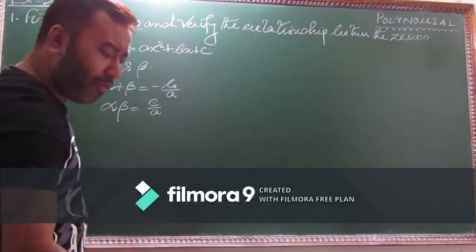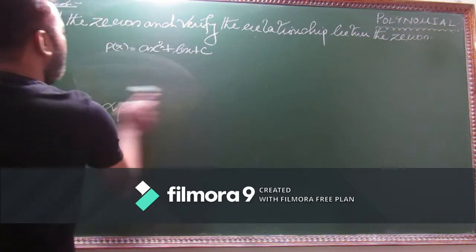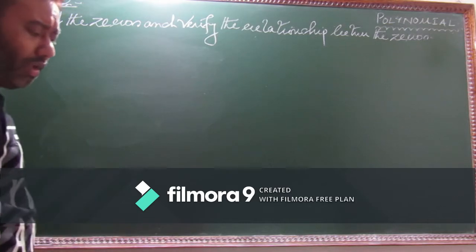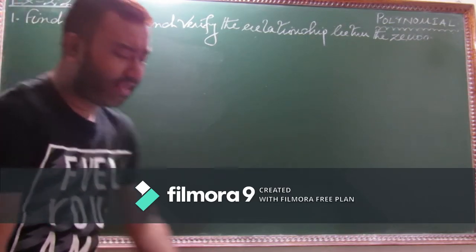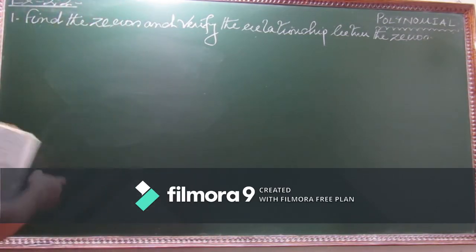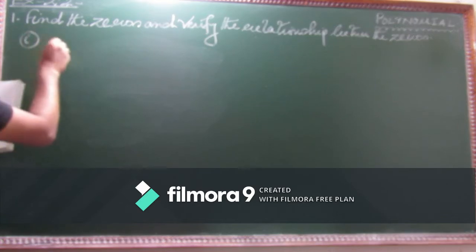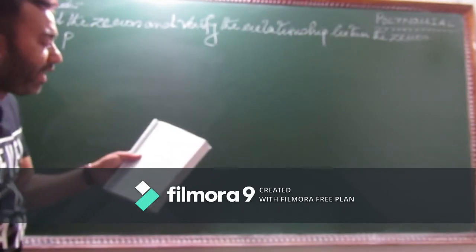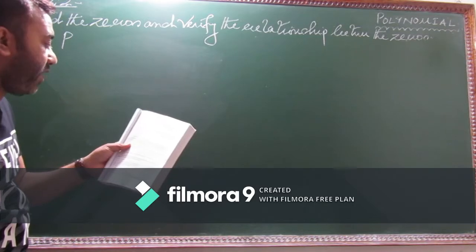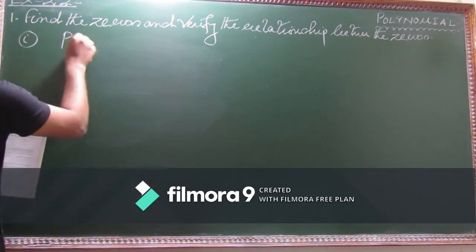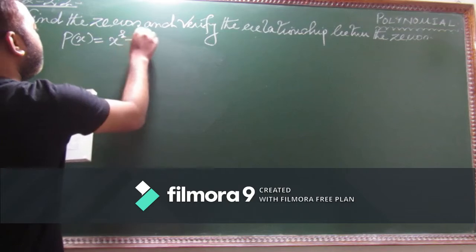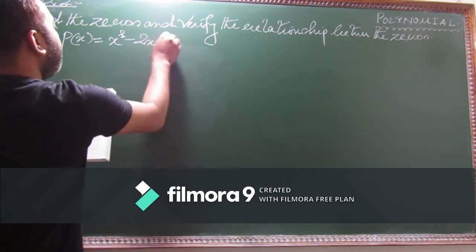Now, I am going to start the first question. What did they say in the first question? They said that the polynomial, since it is in x, I am going to denote it as p(x). So p(x) is equal to x square minus 2x minus 8.